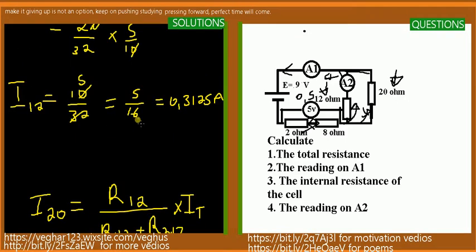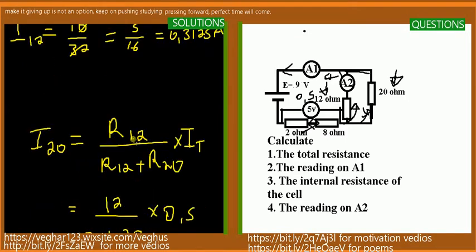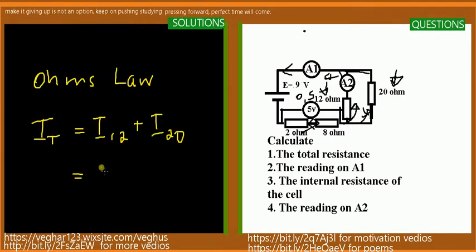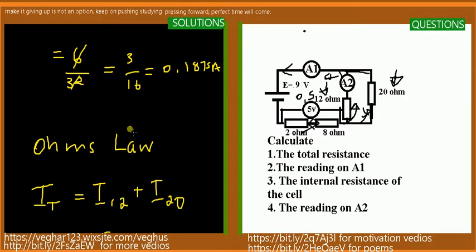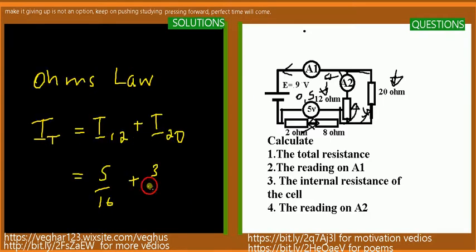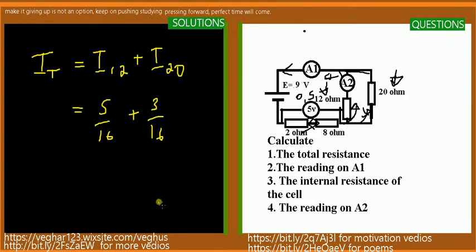We have 5 over 16 plus 3 over 16. Because the denominator is the same, just take 1, and adding these two, you'll have 8.